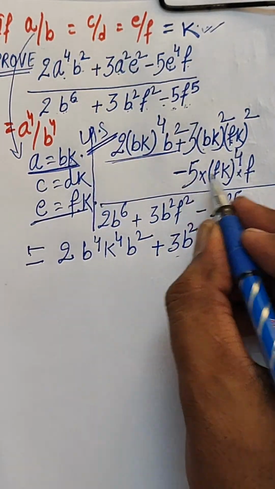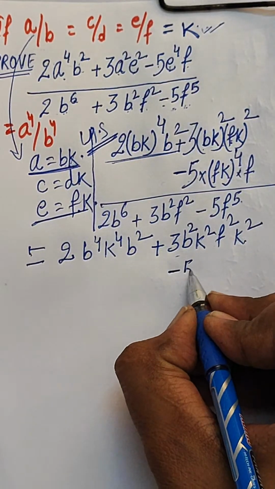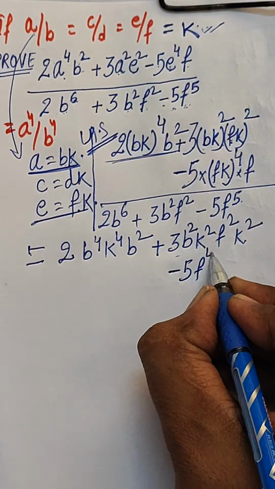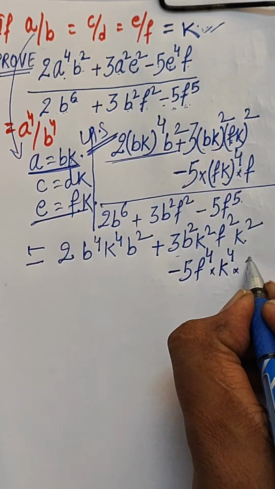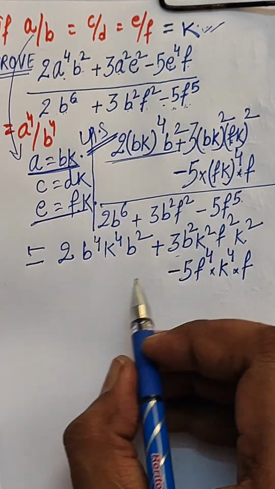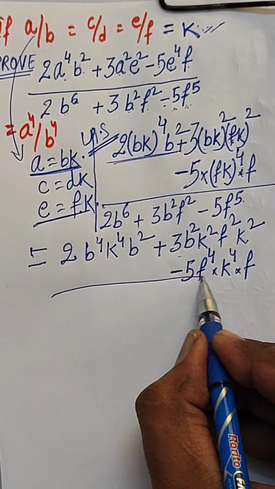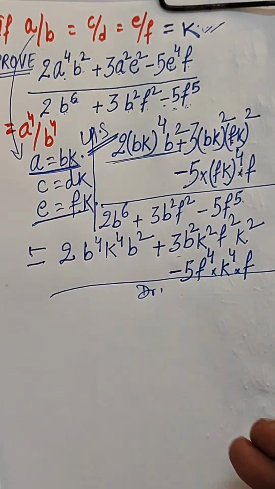And for the last term, it's minus 5 times f^4 k^4 into f. And in the denominator, the terms will be as they are, so I'm not repeating it again.